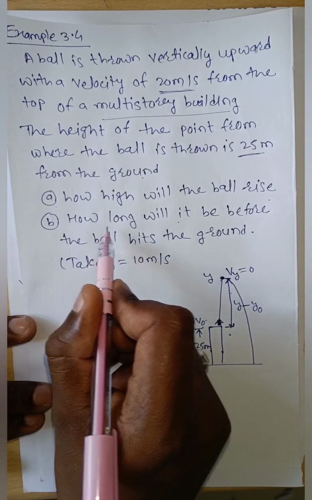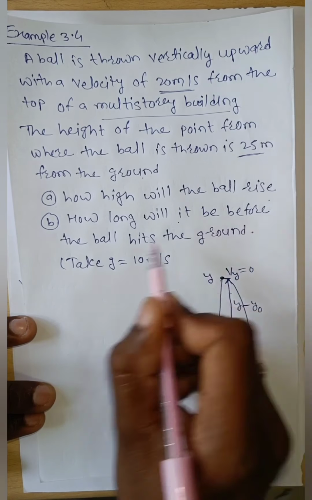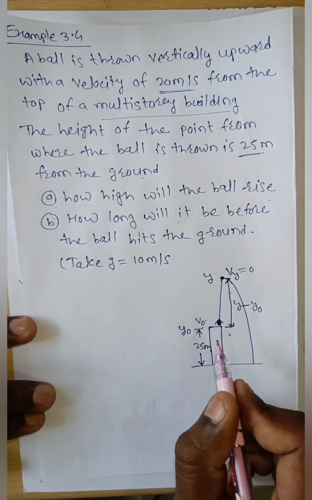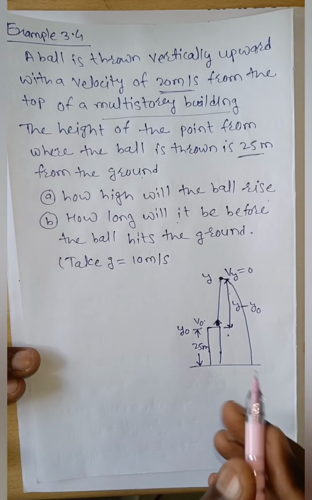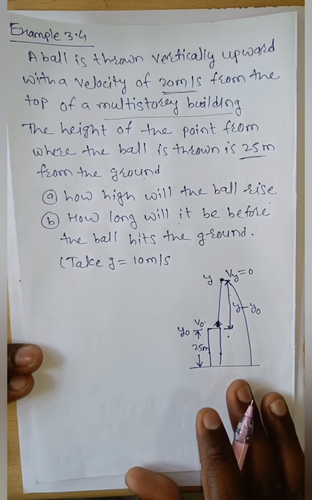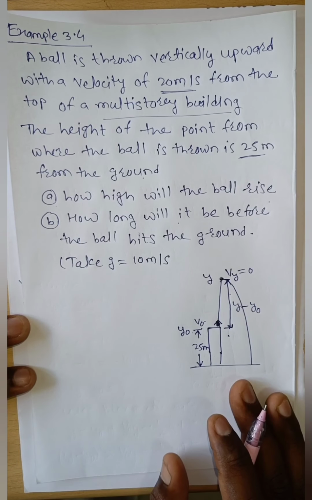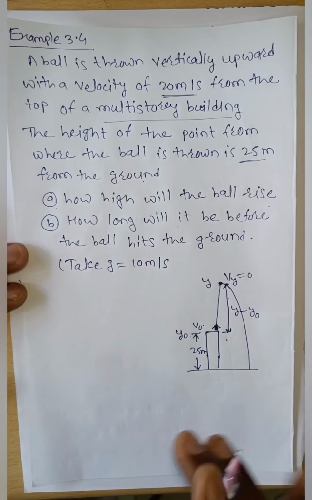In the second case, how long will it be before the ball hits the ground? We have to find the total time taken after the ball is thrown and before it comes to the ground, the total time taken during this process.